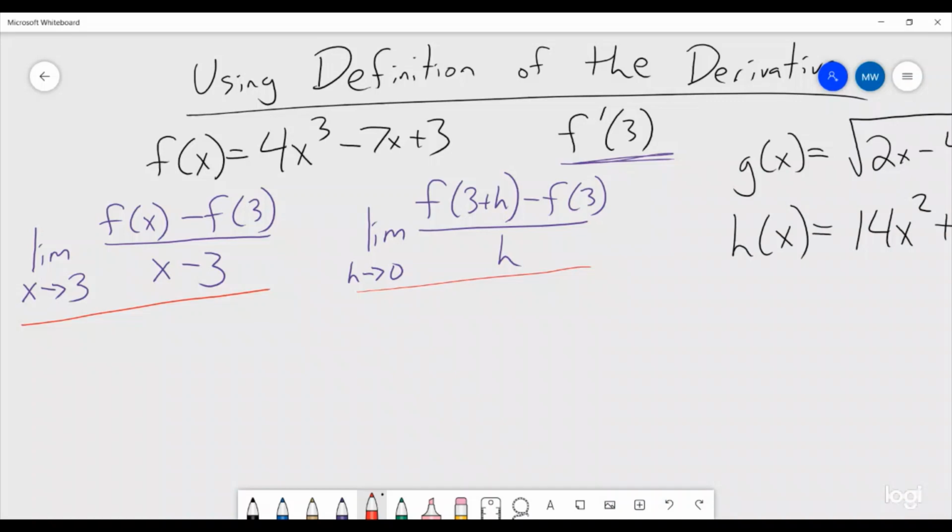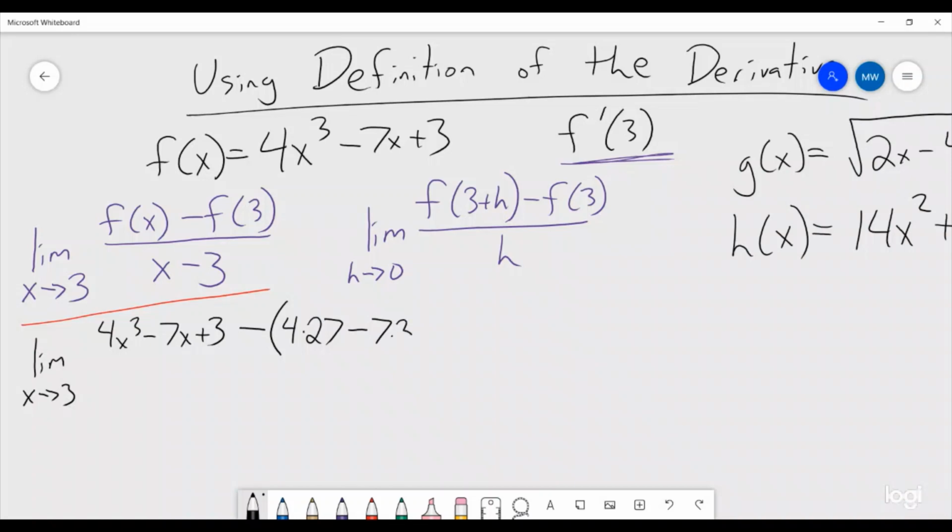So using our first definition, we are going to get, this is the limit as x approaches 3 of f of x, so 4x cubed minus 7x plus 3 minus f of 3. So that is going to be 4 times 3 cubed. 3 cubed is 27, so let's say 4 times 27 minus 7 times 3 plus 3 all over x minus 3.